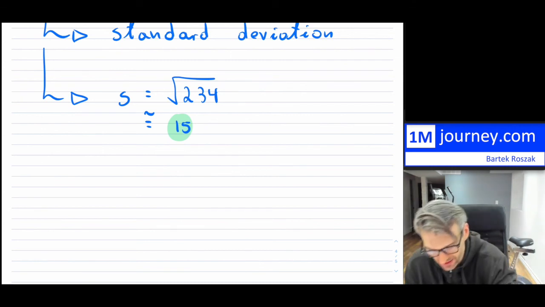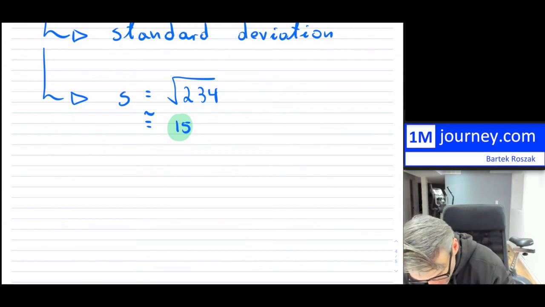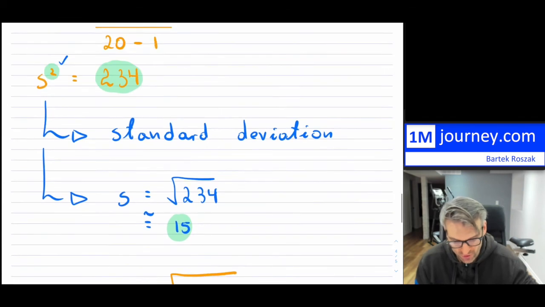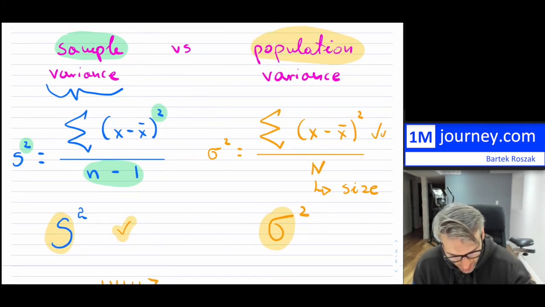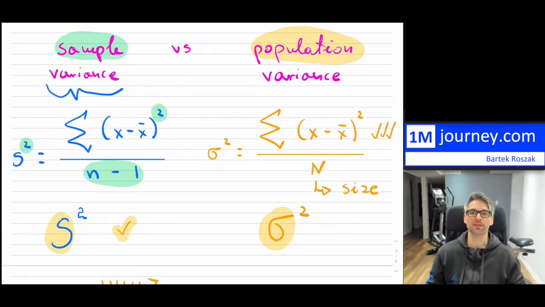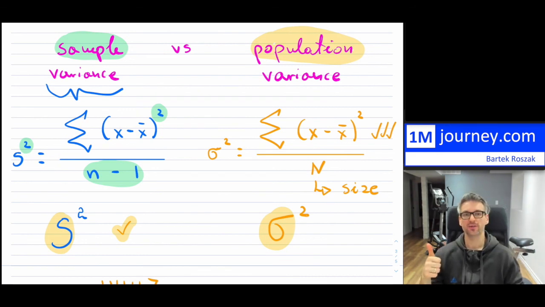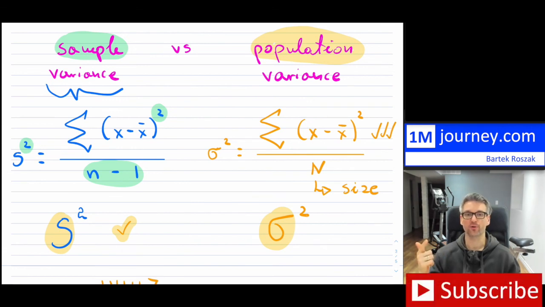Now, if you were calculating the standard deviation for the population, it would be sigma, and you would take the square root of this right here if you were counting the entire population size. This is how you find the variance, either sample or population, and how you find the standard deviation.